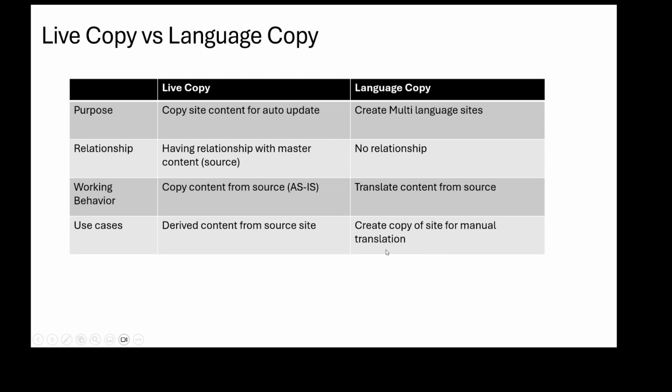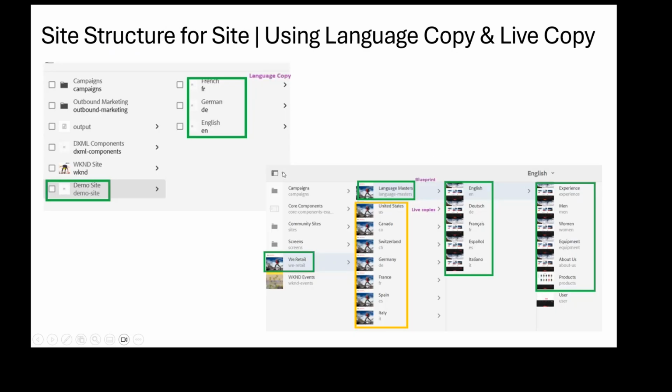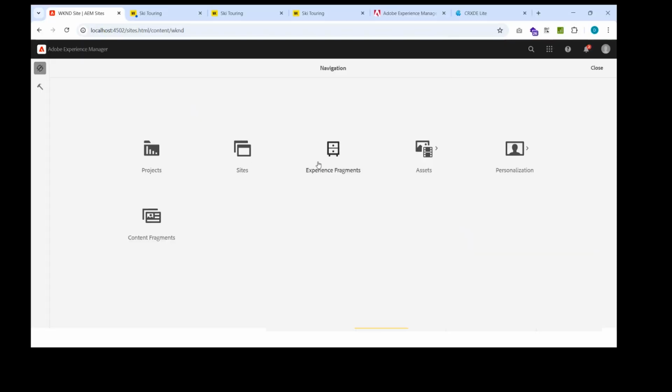Let's jump on the AEM environment and see how we can create a live copy and language copy to understand it. We are trying to mimic a hierarchy where we have different nations to support different languages. So this is our console, the very first home screen of AEM.